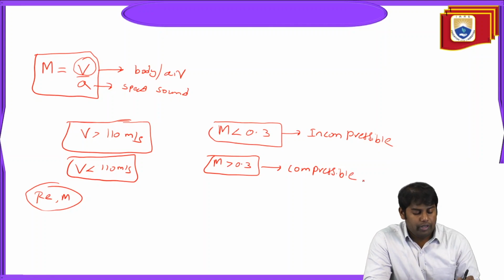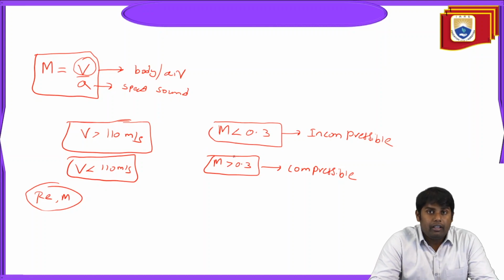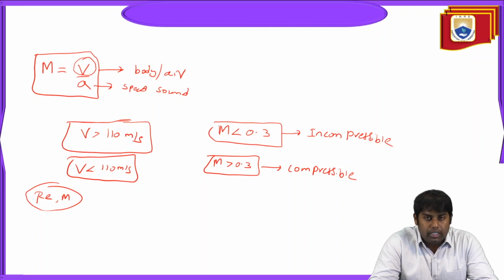So we have two categories, incompressible and compressible flow. Even compressible flow has different domains, where we say subsonic flow, supersonic flow, and hypersonic flow. We'll see that.